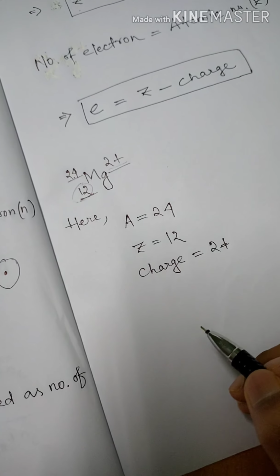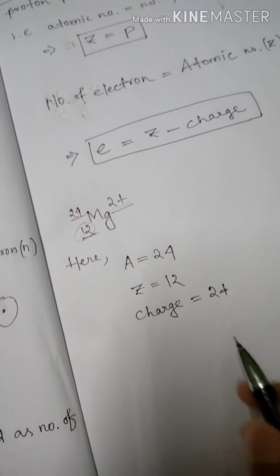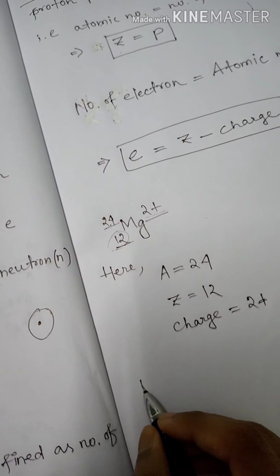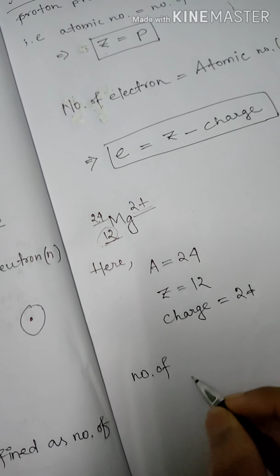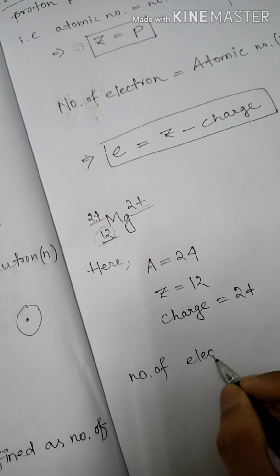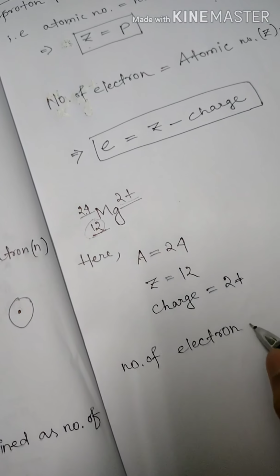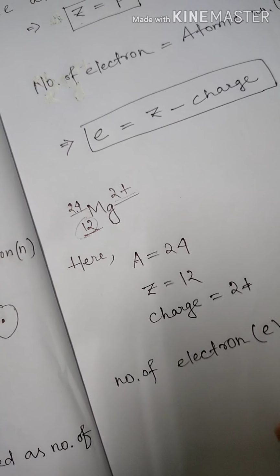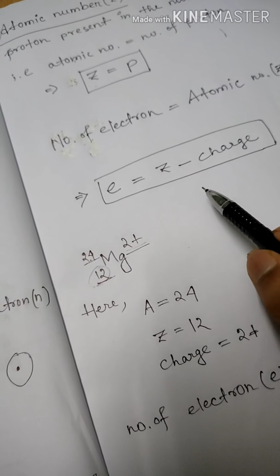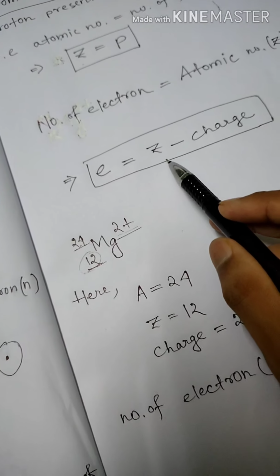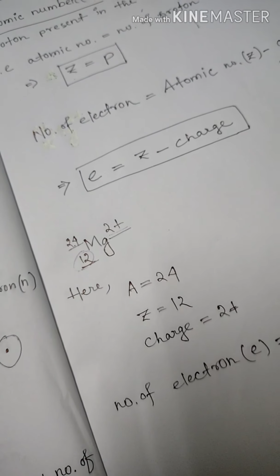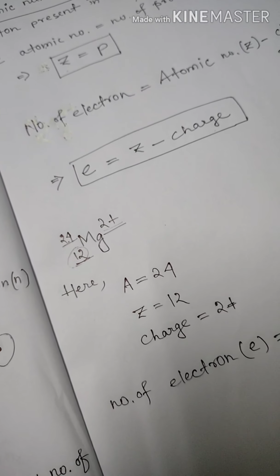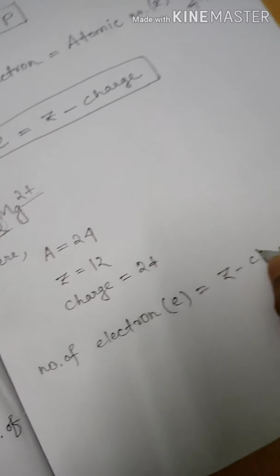Now we are to find the number of electrons first. E is equal to Z minus charge, that is, atomic number minus charge.